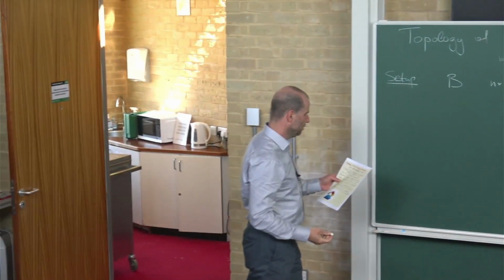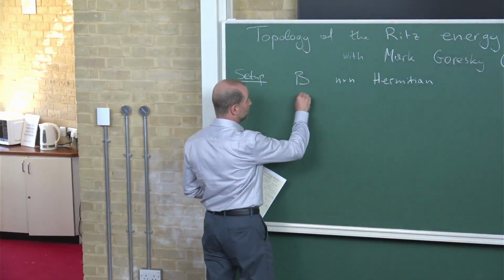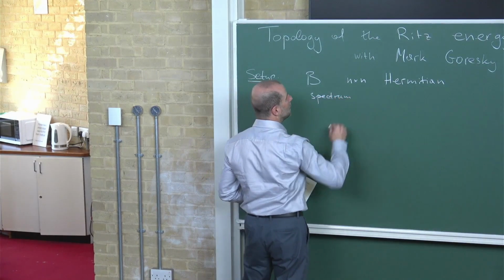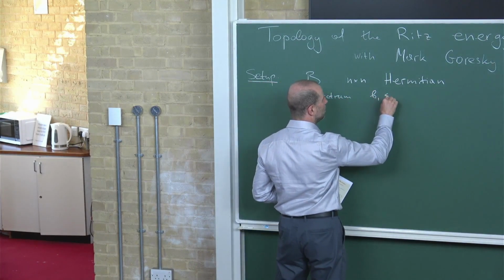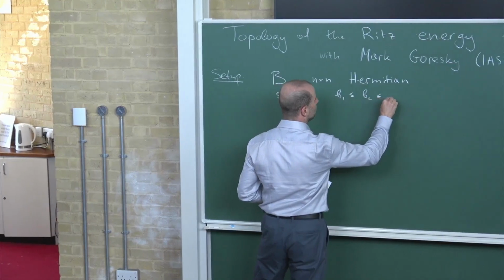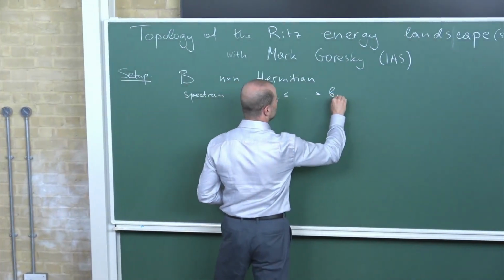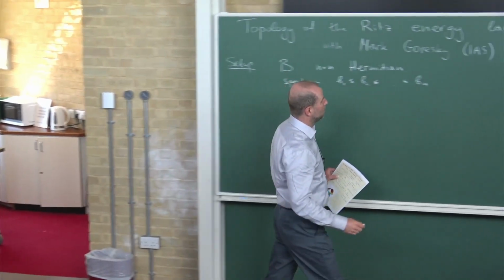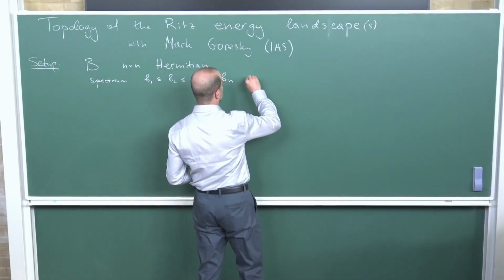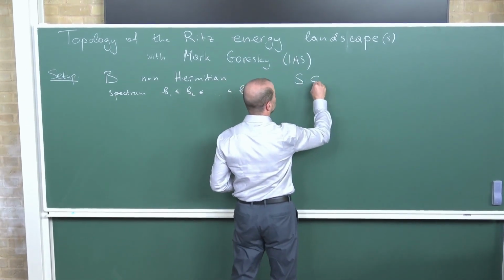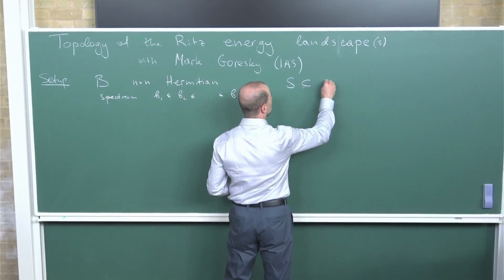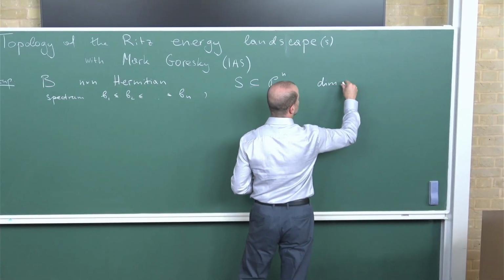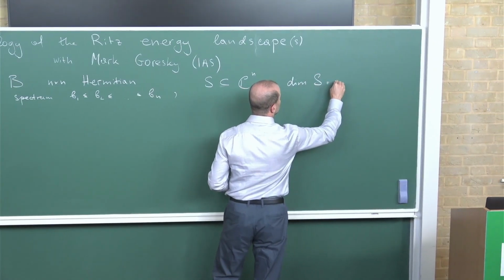This is my Hamiltonian, with spectrum labeled in increasing order. And I also have a subspace of dimension little s.